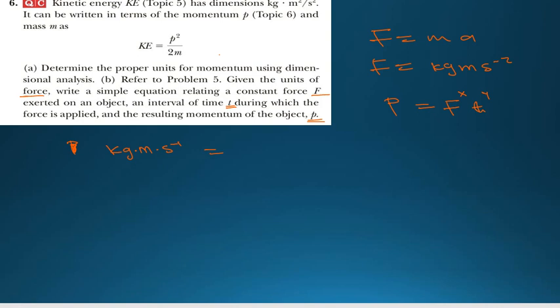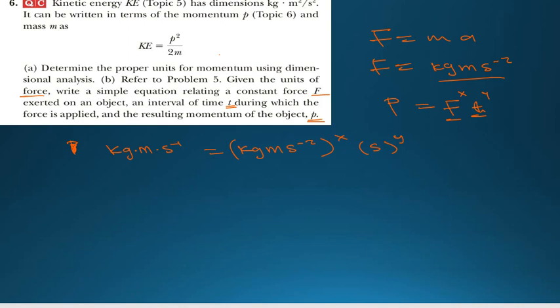What about the units of force? The units of force is kg meters per second squared, raised to the power x. Then the units of time is second raised to the power y. As simple as that.